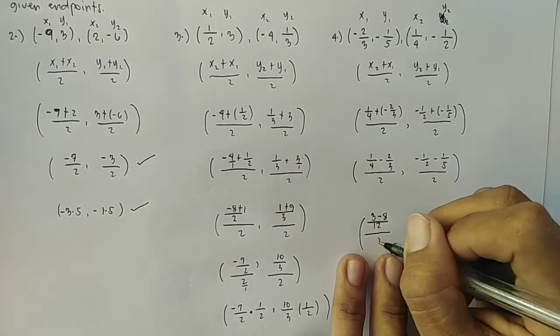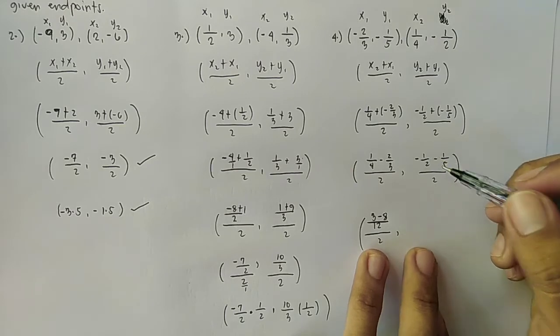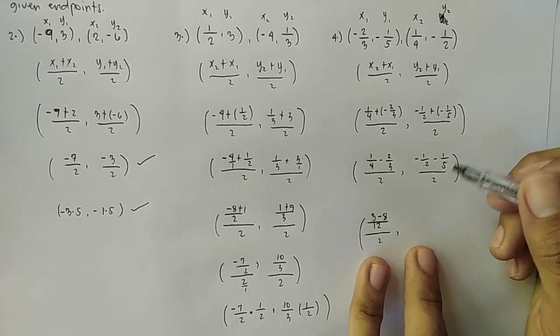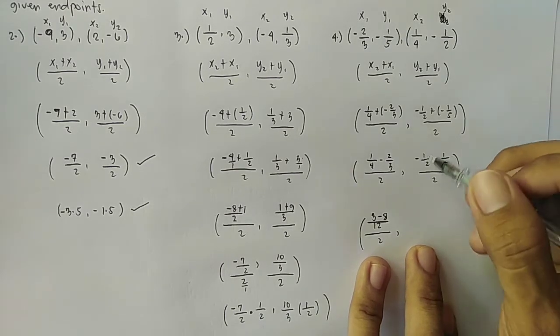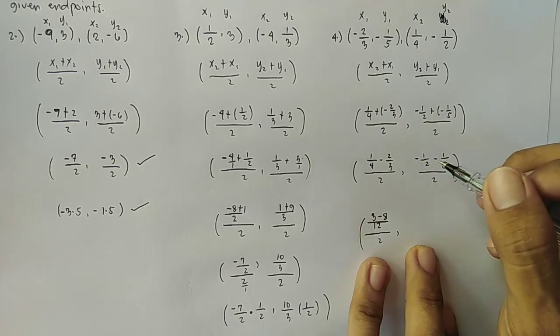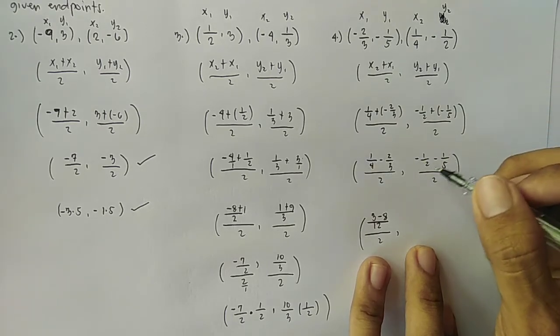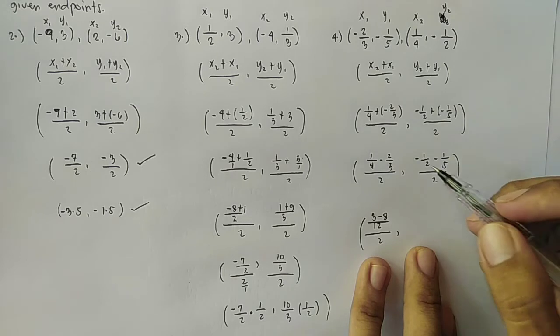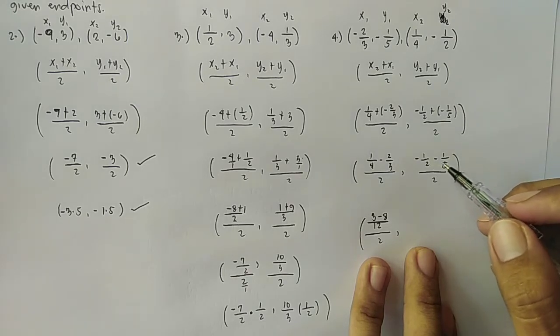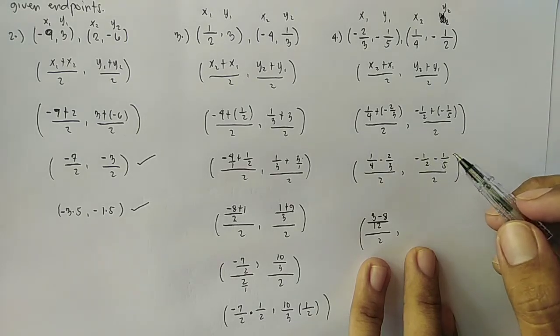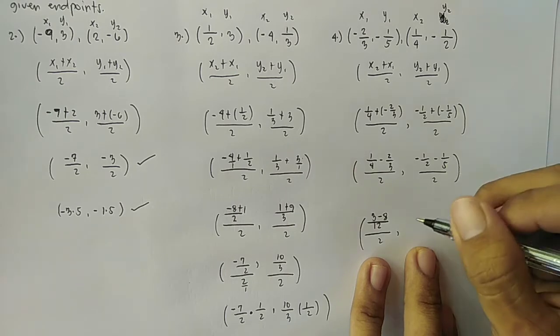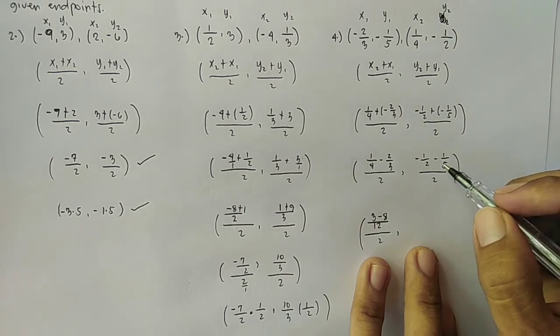Then for the second term, for y sub 2 and y sub 1, we do the same thing on the other side. So negative 1/2 minus 1/5. Get the LCD since they contain unlike denominators. You will get 10 as their least common denominator.